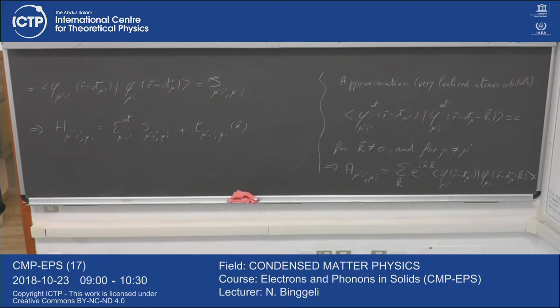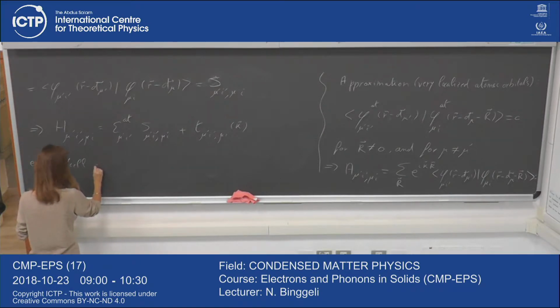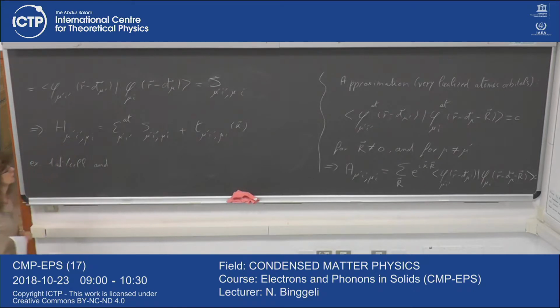Okay, so far? Now let's take the example of one atom per cell, and we consider for that atom the atomic orbitals 1s, 2s, 2p x, 2p y, and 2p z.